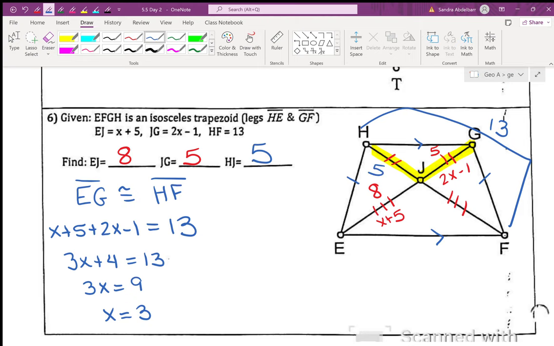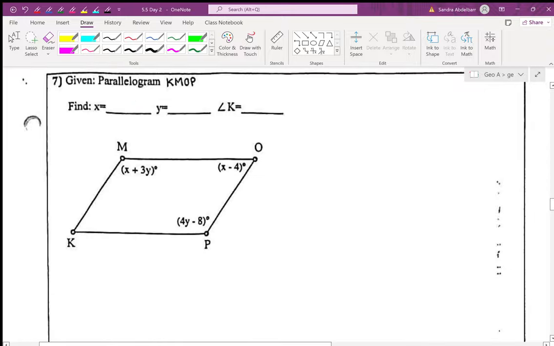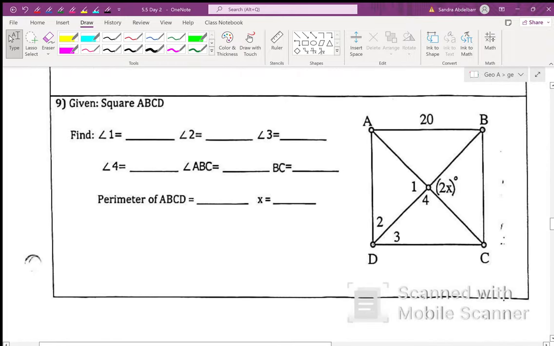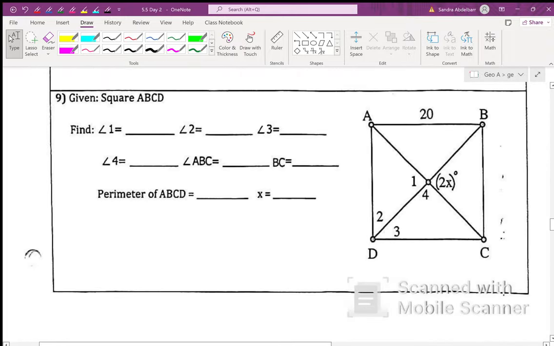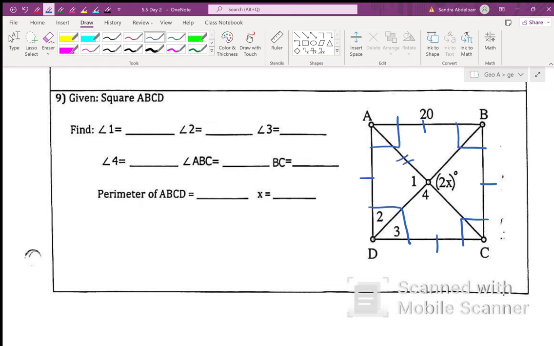I don't think I have time to do a square, but let's just get there. Everyone go to number 9. The square is the easiest one because in a square, it has all the properties. So not only are all sides congruent, all angles are right angles, all parts of the diagonals are equal, and the diagonals are perpendicular.